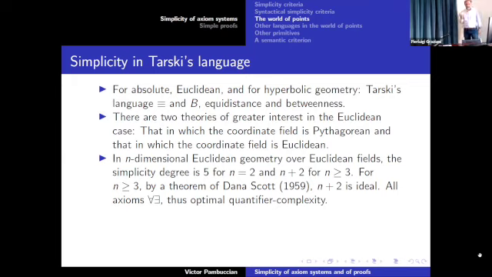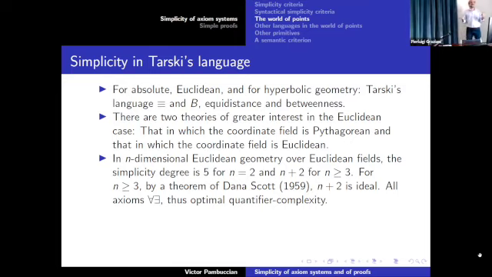Now, the simplicity degree of n-dimensional geometry over Euclidean fields is 5 for n equal to 2. So in other words, plain Euclidean geometry can be axiomatized by axioms, all of which have at most 5 variables, which means we can beat Pasch, right?